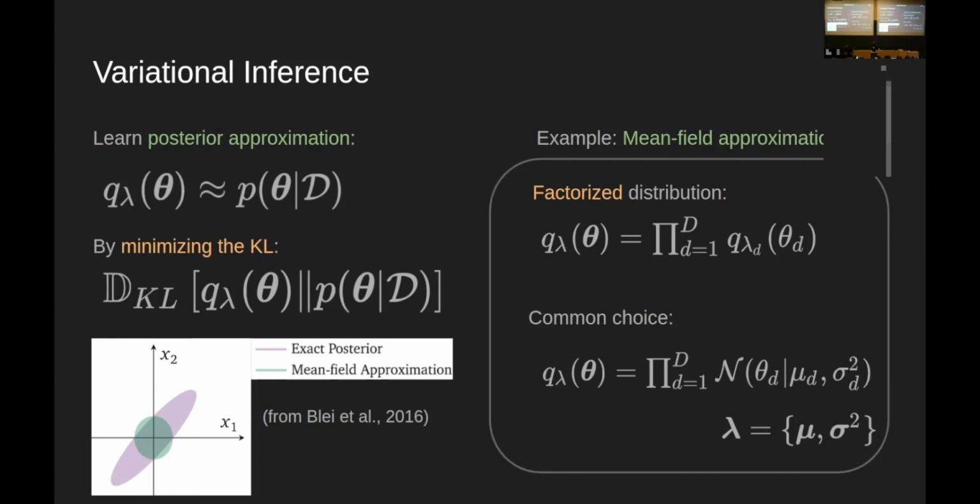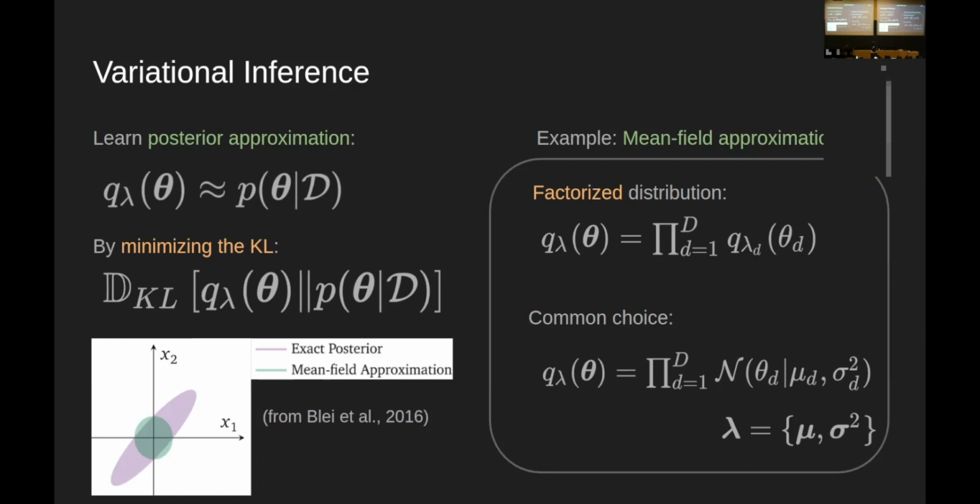Yeah, probably typically not, right? It can't model any correlation. So even if your true posterior is a bivariate Gaussian that has some correlation in it, the approximation can't model that.